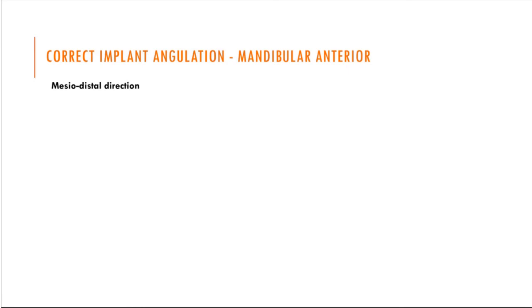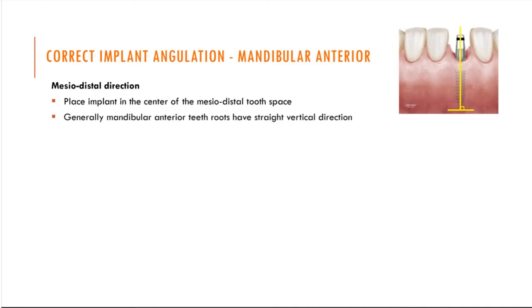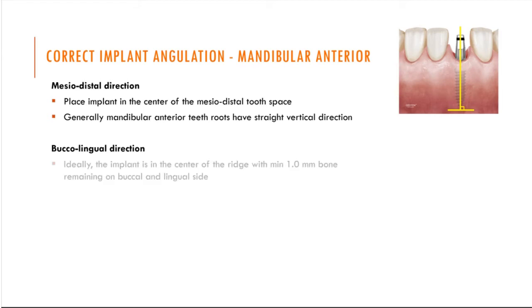For the correct implant angulations in the mandibular anterior, we should place the implant in the center of the mesiodistal tooth space, and generally, mandibular anterior teeth roots have a straight vertical direction in the buccal-lingual directions.